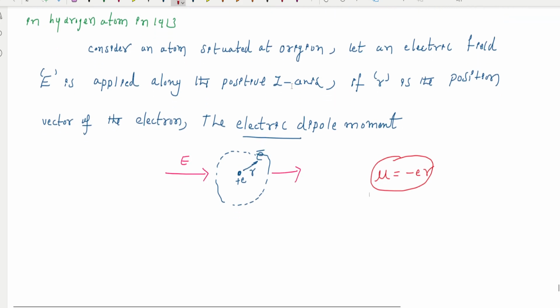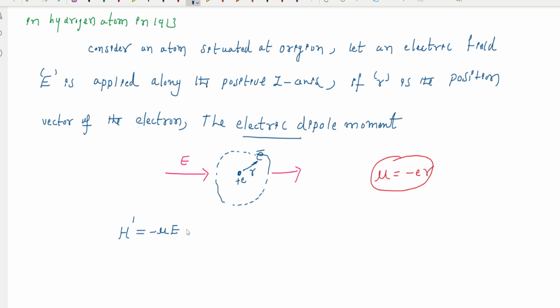So I'm going to write the Hamiltonian of this situation. Maybe you are all aware of electric dipole moment, right? Minus mu dot E. So I'm going to use just the Z axis here.